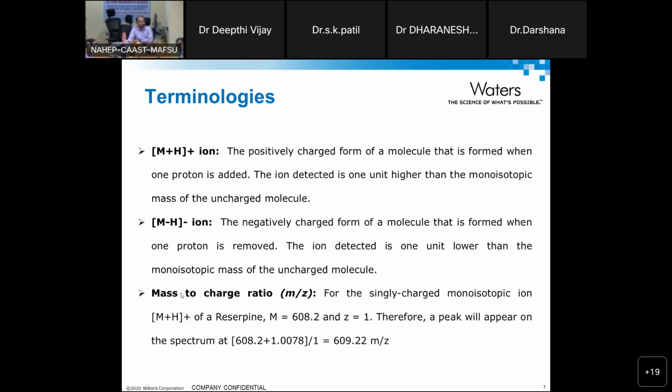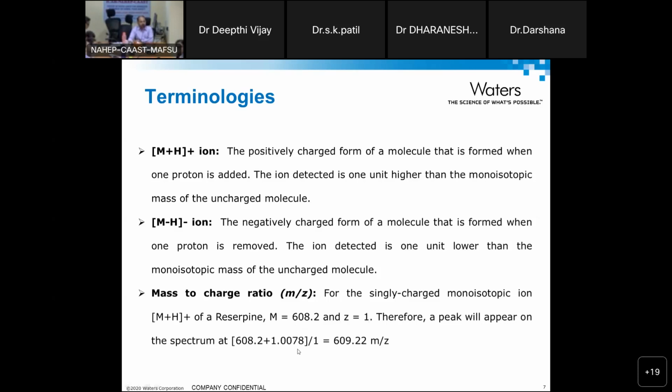Okay. Then what is mass to charge ratio? For the singly charged monoisotopic ion, M plus H of reserpine, wherein the neutral mass for the reserpine is 608.2 and Z basically denotes the charge. So the total charge is 1.